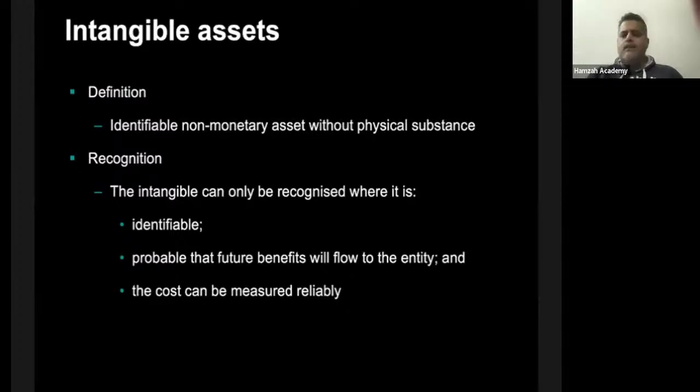And obviously, if it's not identifiable, the points about probable future economic benefit and cost are automatically not met. So for an intangible to be recorded as an asset, there are 3 points: it has to be identifiable, future economic benefit is probable, and the cost is reliably measured, right?